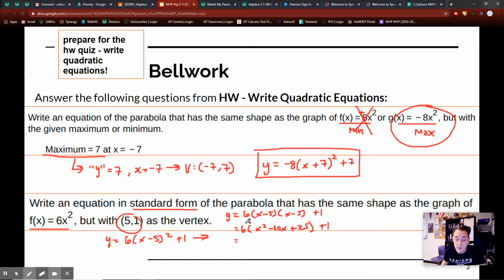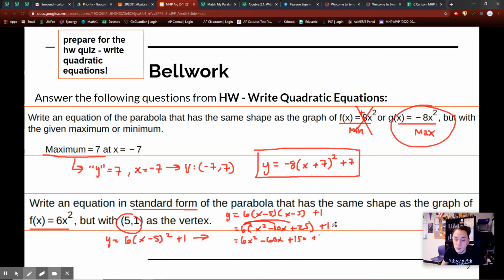I'm going to distribute this out. So this is 6x squared minus 60x, and then that's going to be plus 150. Another mistake. Okay, so I'm going to erase that. 150. 6 times 25 is 150.